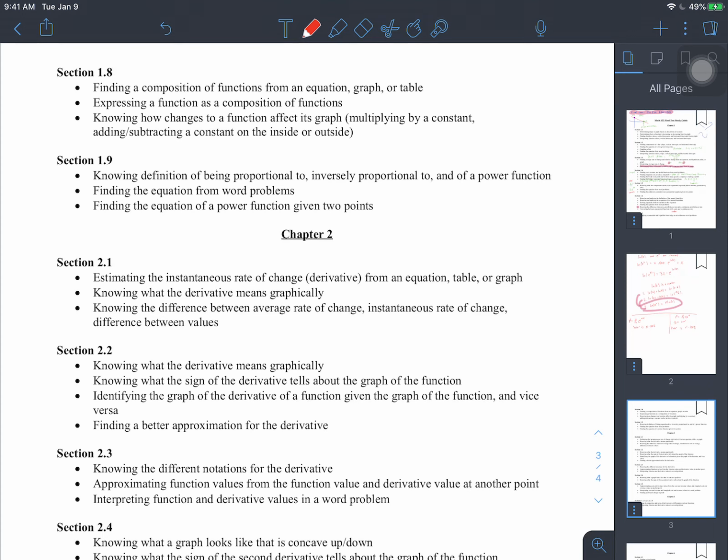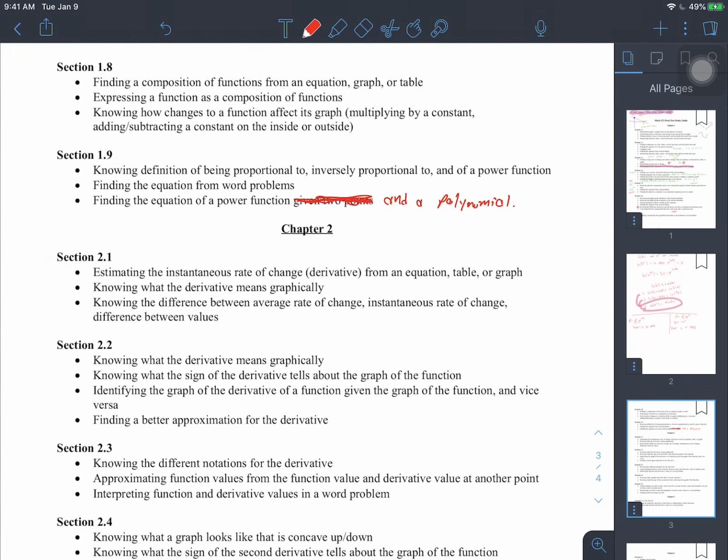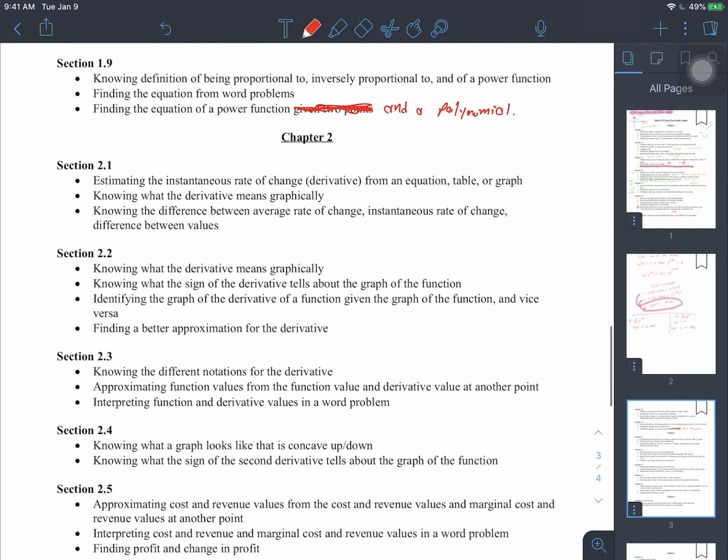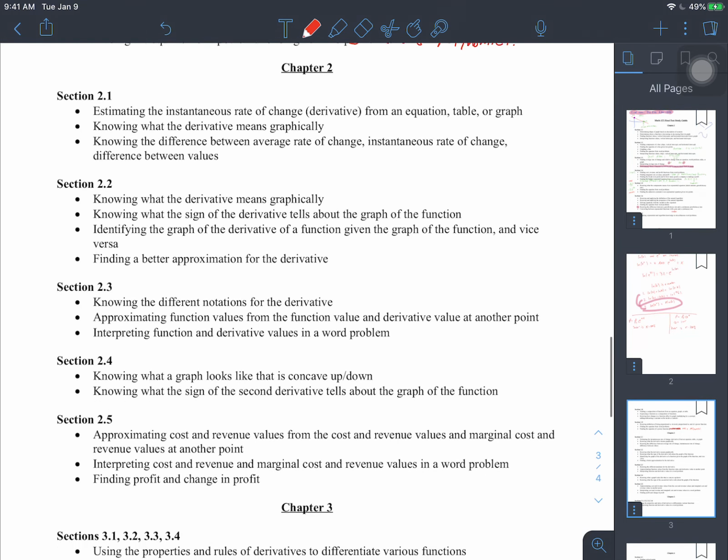And we should know how to find the equation of a power function. Given 2 points, you guys should be able to figure it out, but really I want you to know what a power function is, what it looks like, and also a polynomial. So if you don't remember the definitions of power functions and polynomials, that's definitely something to review.